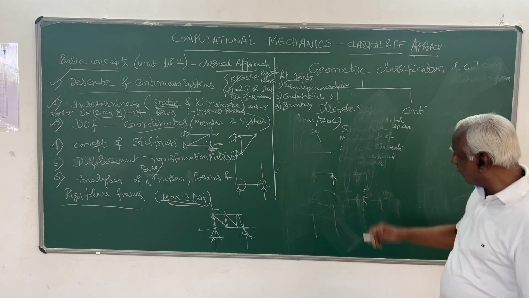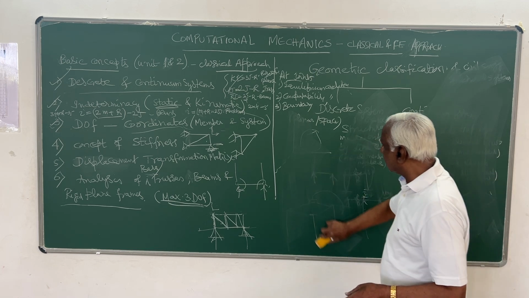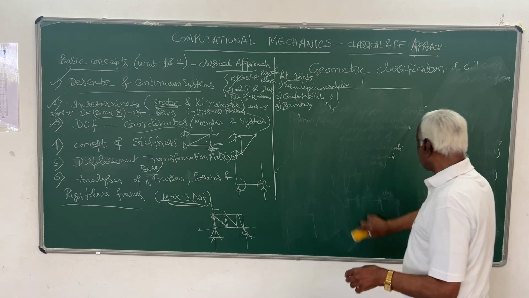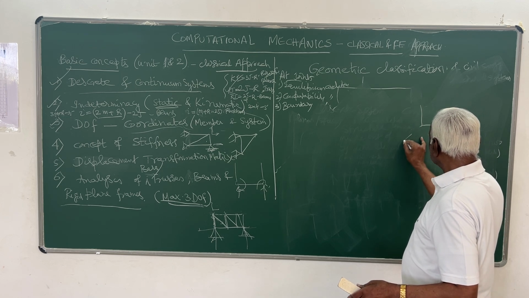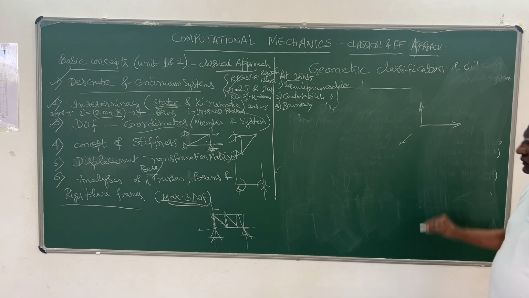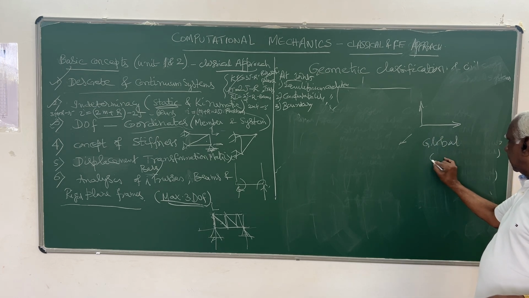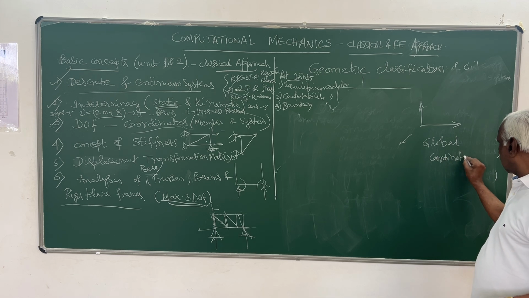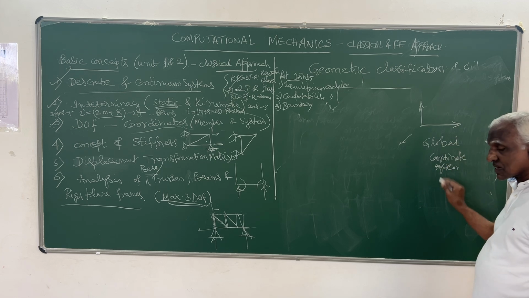So the first one is whatever just now I have defined, the unknown forces and unknown displacement is all with respect to a general coordinate system, that is called global coordinate system. It is also called system coordinates.